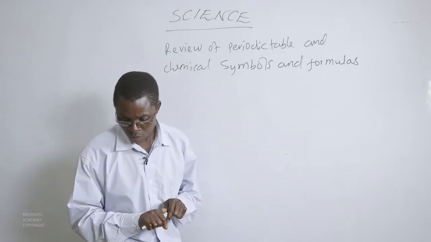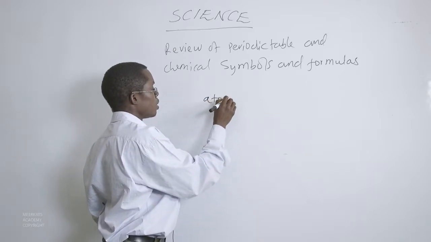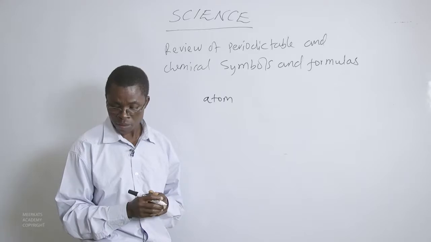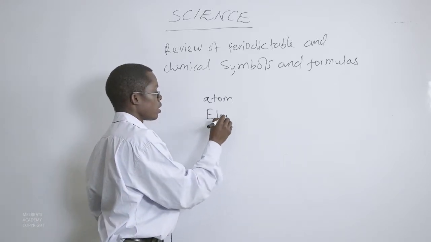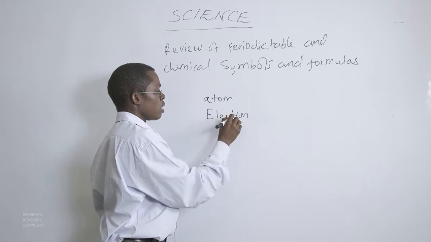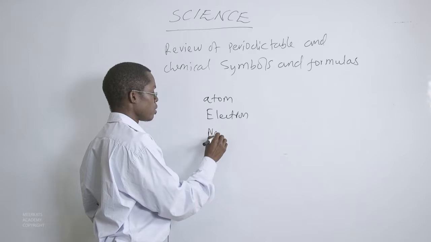The responses we have here are atom. Is the atom the smallest unit of an element? Another one is electron. Is it an electron? Another one is neutron.